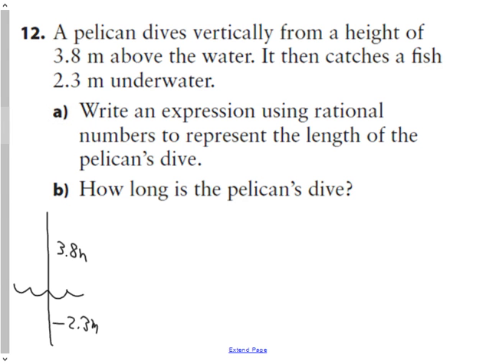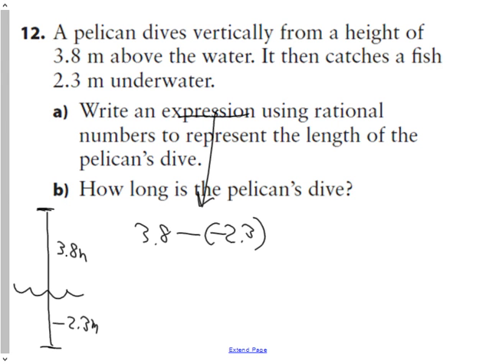Write an expression using rational numbers to represent the length of the pelican's dive. Well, it's the difference between his apex and where the fish is, the difference between 3.8 meters, the difference being subtraction, and negative 2.3 meters. That is an expression that represents the difference.